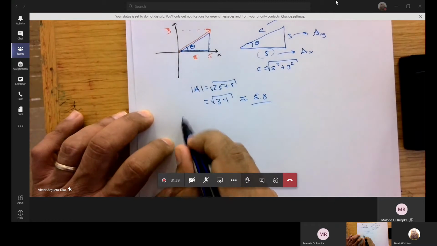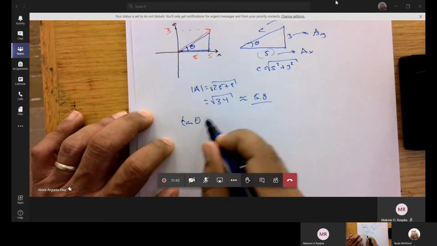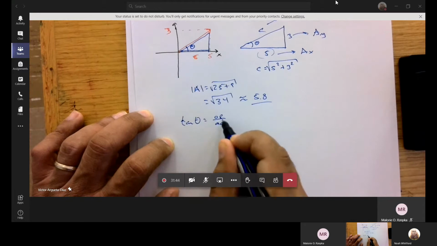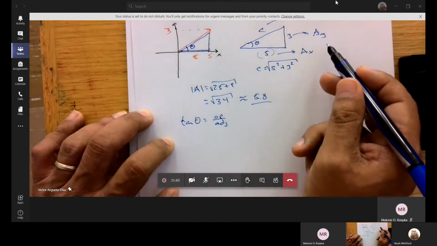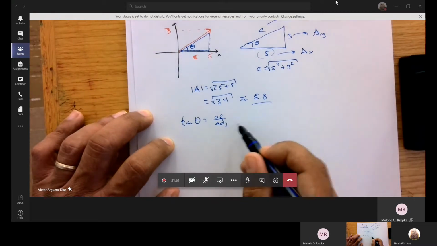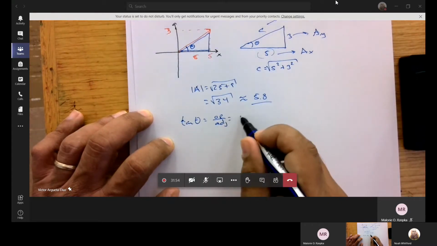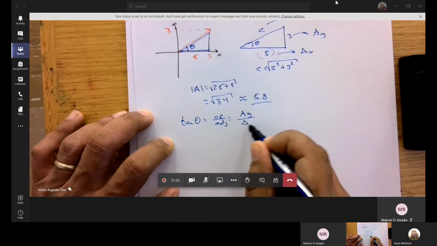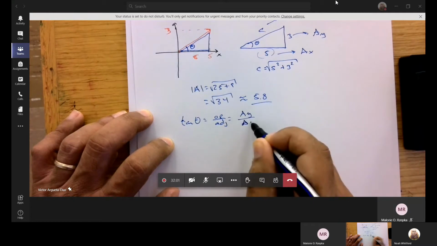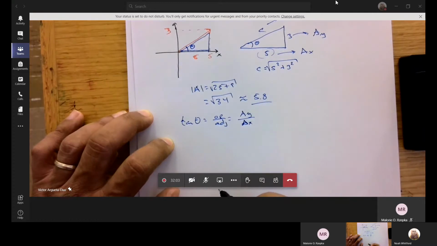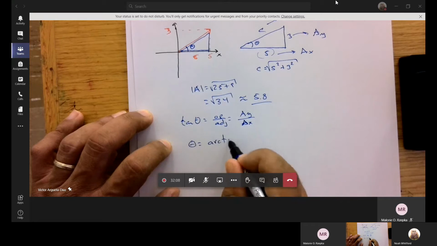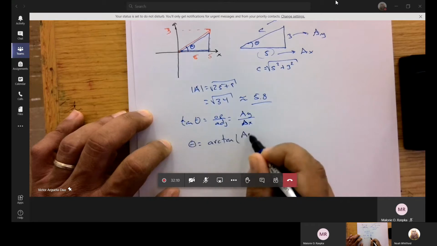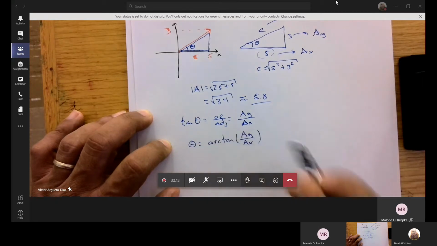So I know that tangent of theta is going to be opposite over adjacent. In this case, the opposite is going to be my y component of the vector, and the adjacent is going to be the x component. So this is going to be the y component over the x component. So if I want to calculate the angle, that will be the arctangent of y over x.